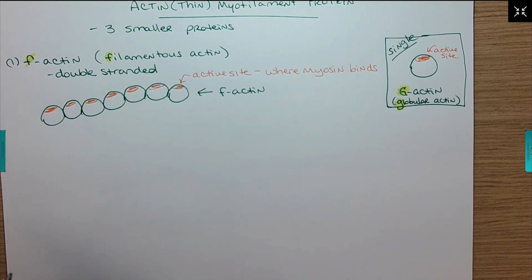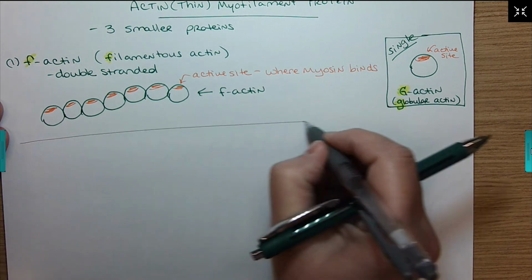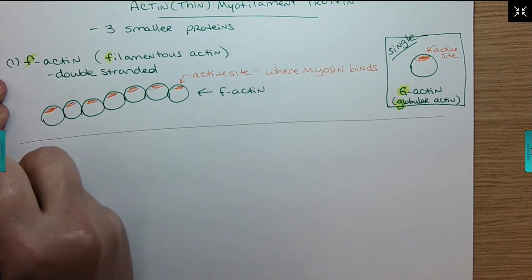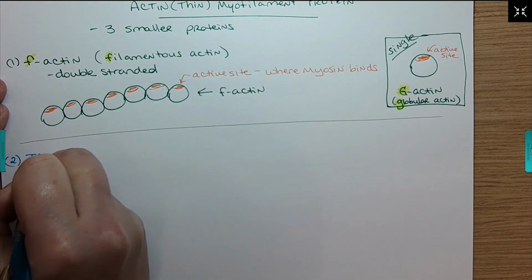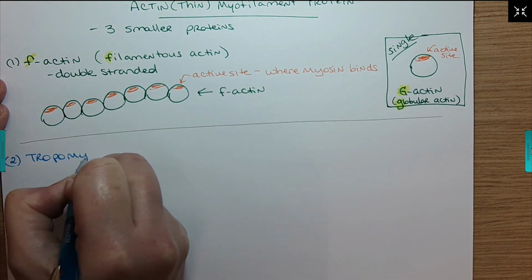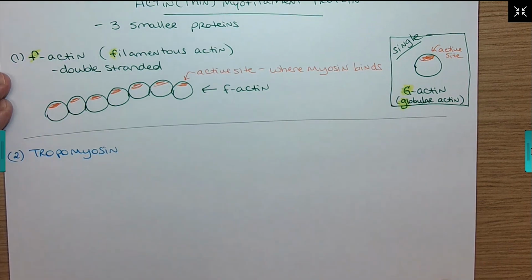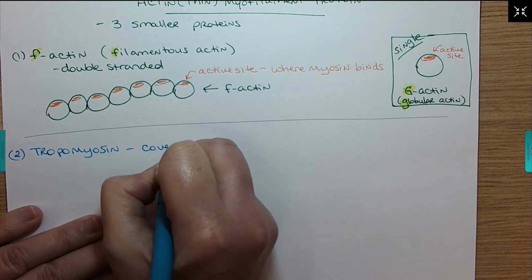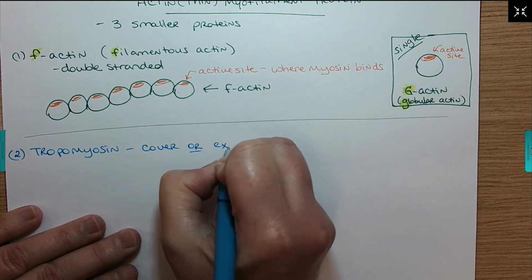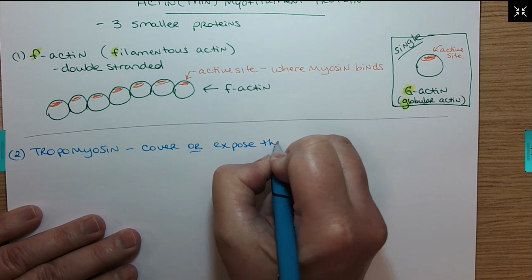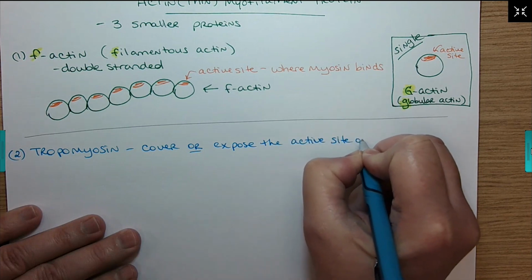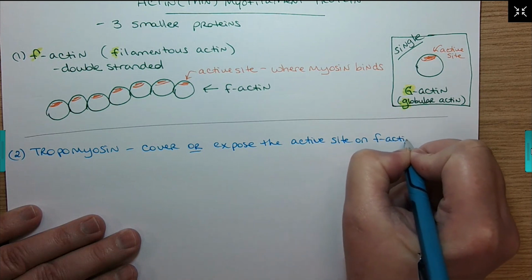Now, let's take a look at the second protein that makes up the actin molecule, which is going to be tropomyosin. The job of tropomyosin is to cover or expose the active site on F-actin.